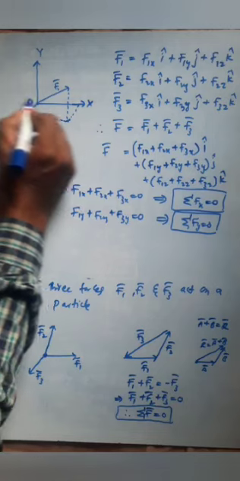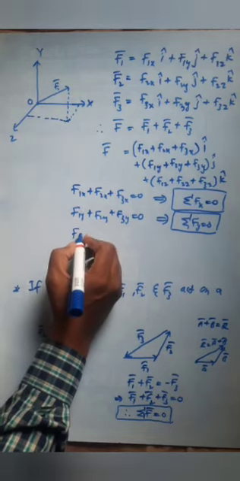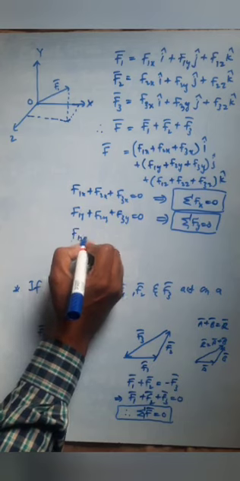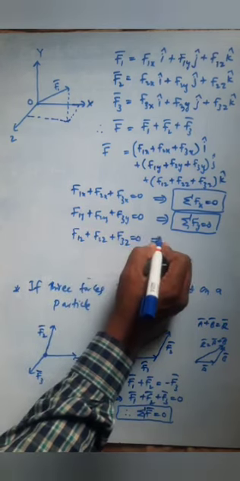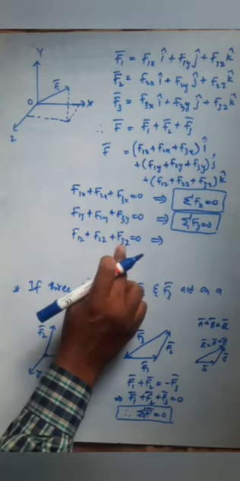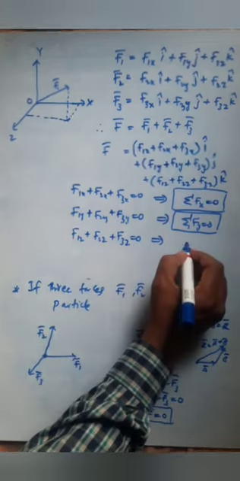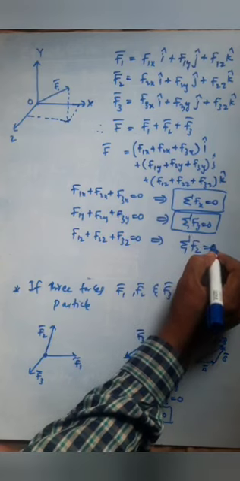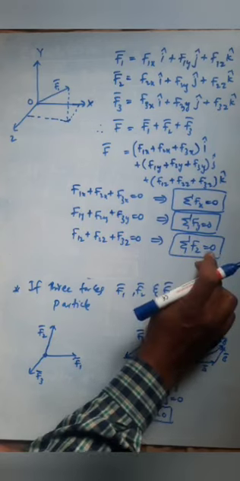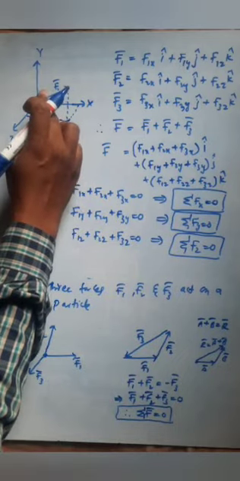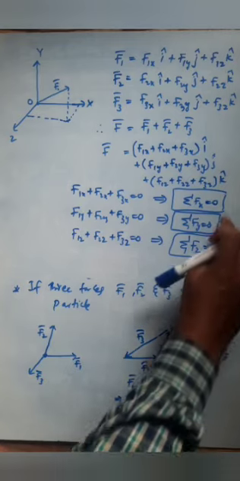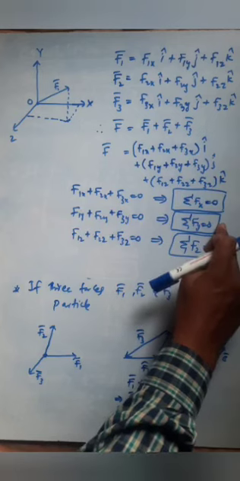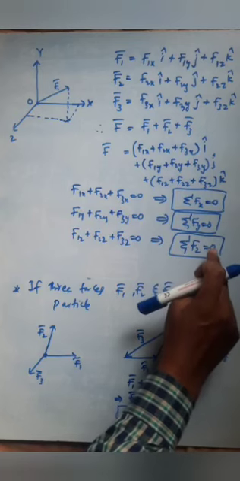Here F1z plus F2z plus F3z is equal to 0, so summation of Fz is equal to 0, which means along the z axis the net force is 0. If the particle is in equilibrium, the net force along x-axis is 0, along y-axis 0, along z-axis 0.